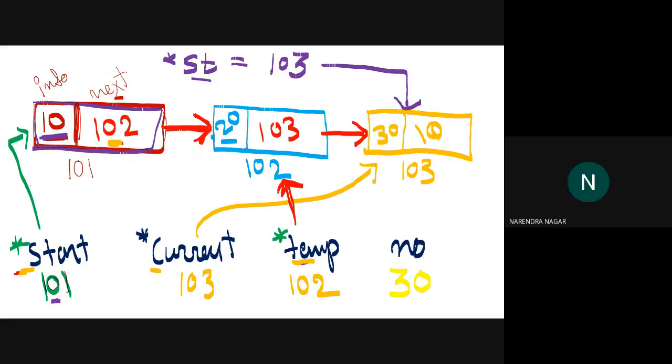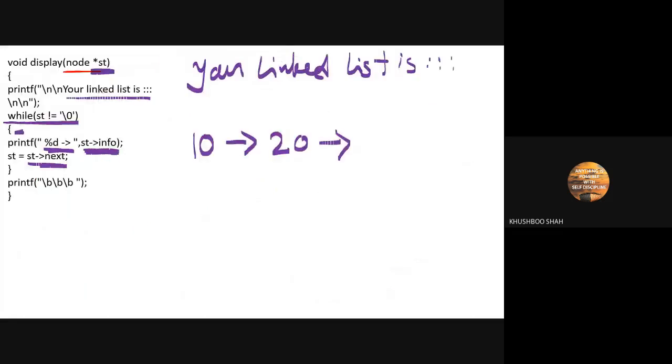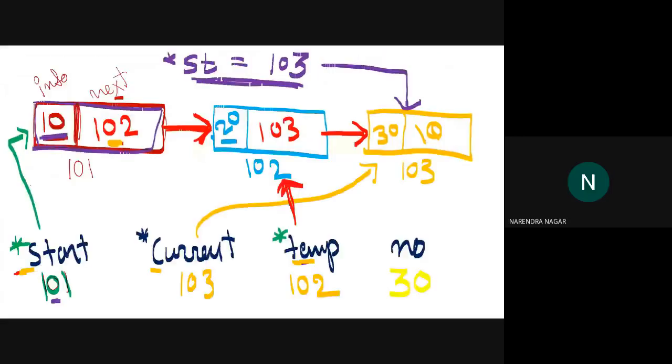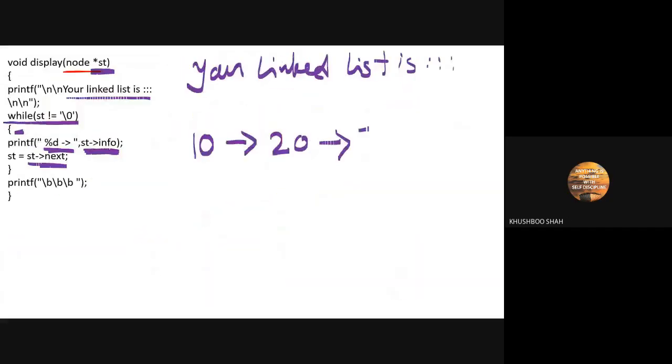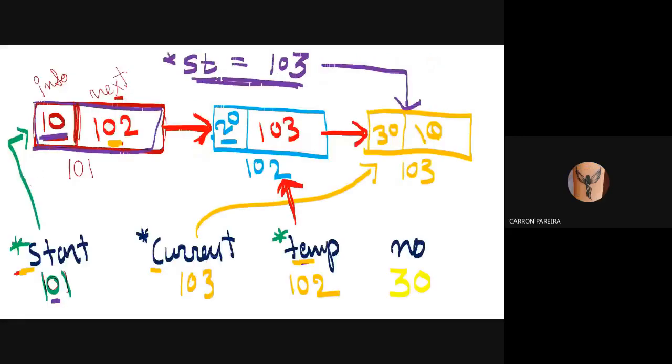St is not null. So it will come inside the loop and it will print st info. What is st info? 30. So it will print the 30 along with the arrow. Again, the value of st next goes into st. What is st next? Null.